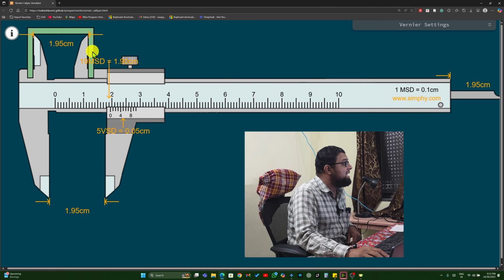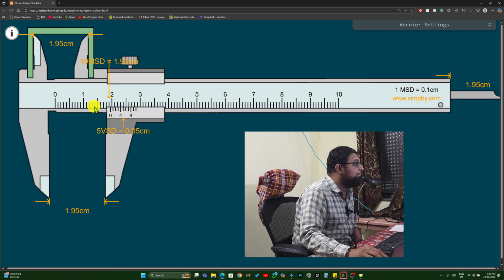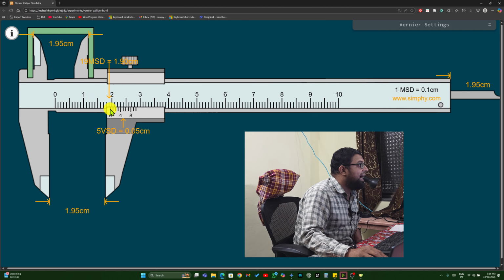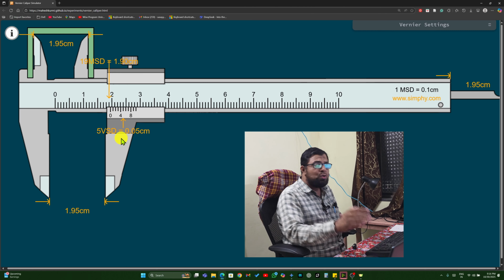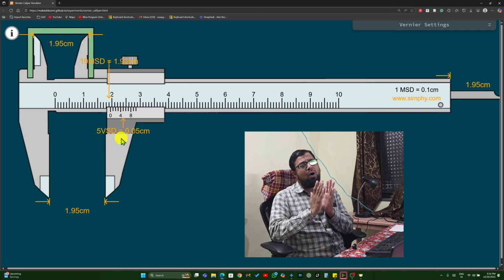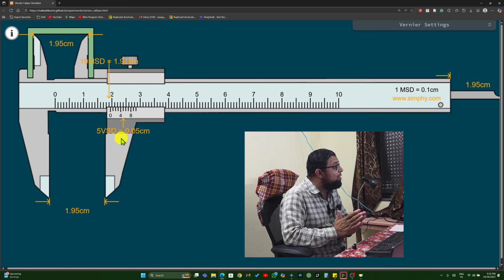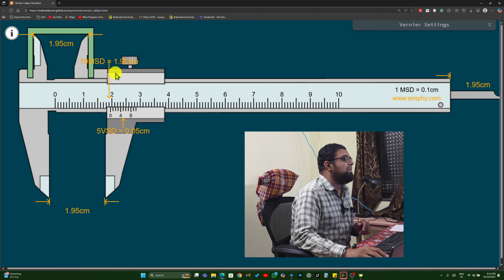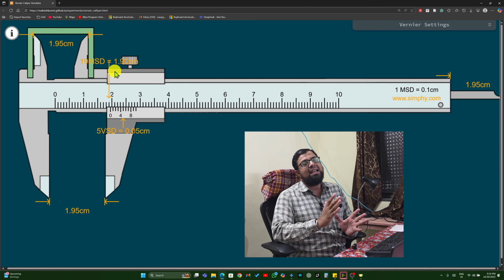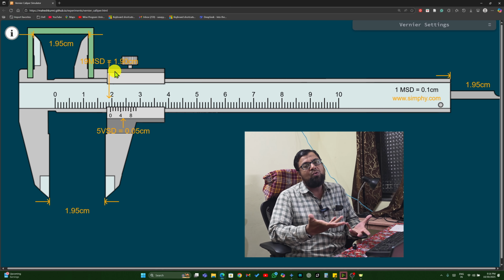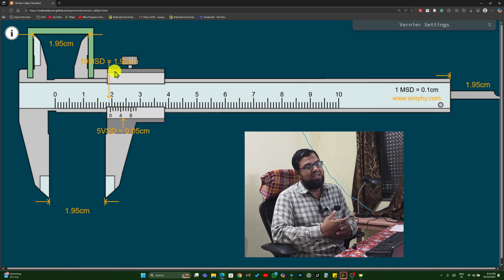So from here it is clear that see, this is 1 centimeter, then this will be 1.5 centimeter. After that 1.6, 1.7, 1.8 and 1.9 centimeter. So just before the zero of vernier scale, we have 1.9 centimeter line. So our main scale will be directly equal to 1.90 centimeter.